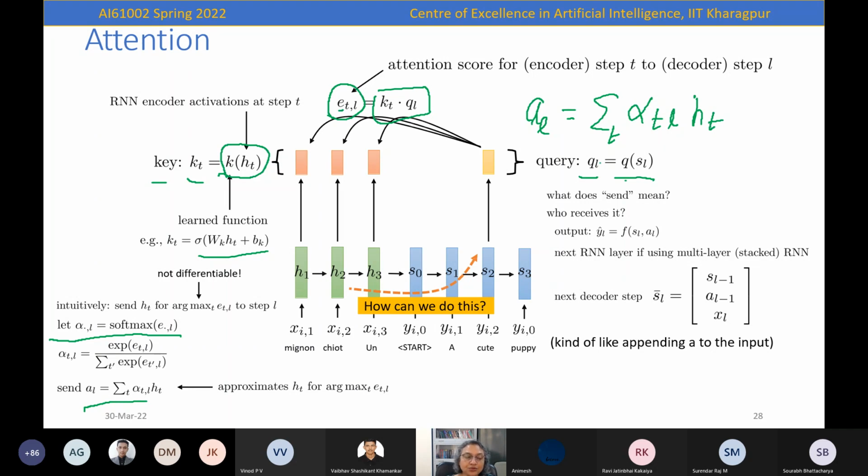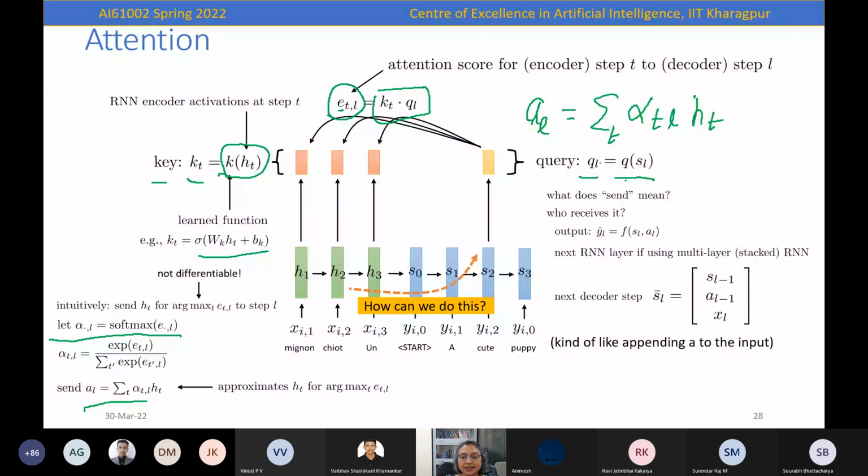So instead of taking a common context vector and giving it as input to all the decoder states, I am trying to find out a decoder step specific context vector. And for the step specific context vector, I am allowing it to look at every state of the encoder. Instead of only keeping the last encoder state, we are storing in memory all the encoder states, right?